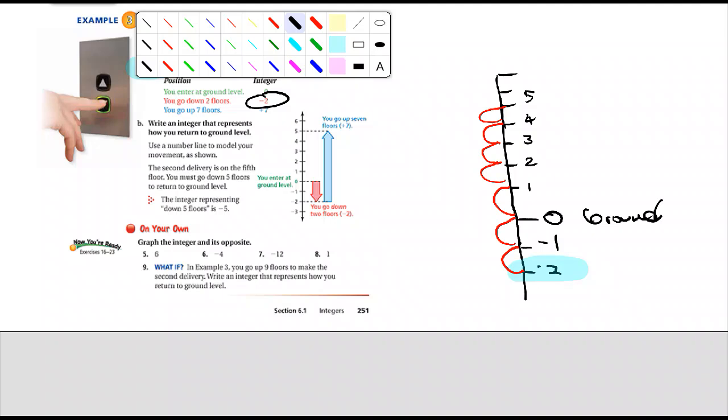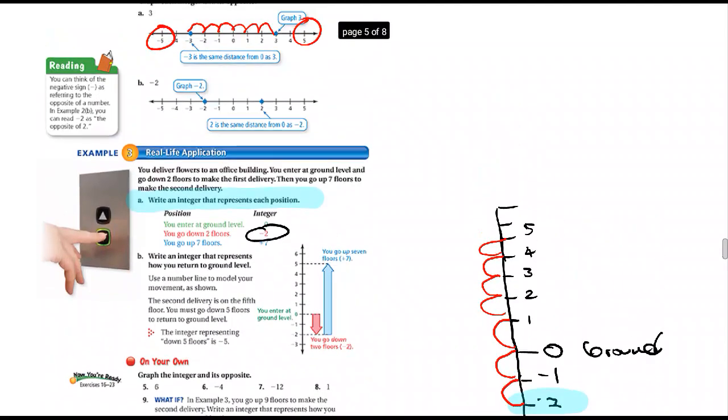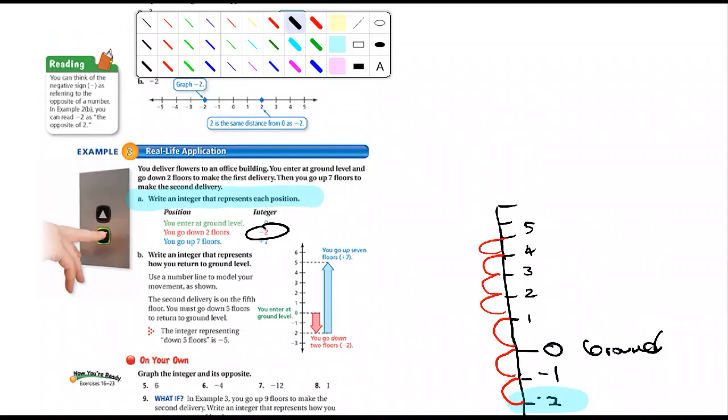And you'll have lots of problems like this. Let me draw a number line to kind of emphasize this point here. All right, so here's 0, -1, -2, -3, -4. All right, so here's 1, here's 2, here's 3, here's 4.